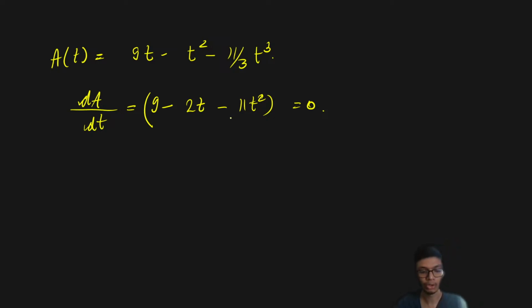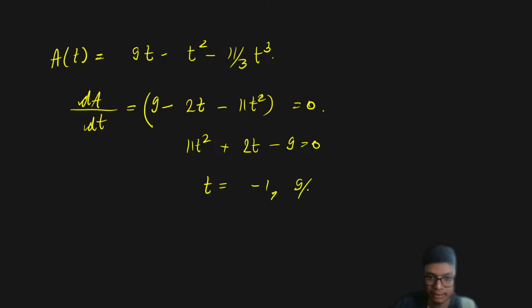So that is going to be 11t square plus 2t minus 9 equals 0, right? If we solve this quadratic equation, we get two values of t, one as minus 1 and the other as 9 by 11.